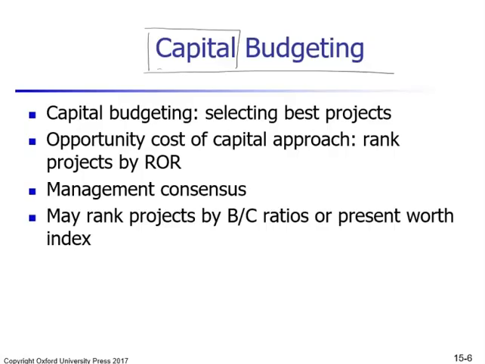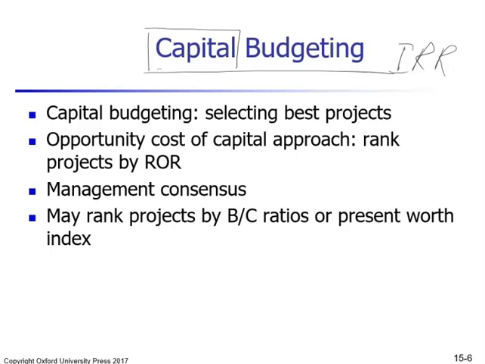And the opportunity cost of capital approach, what you are going to do, as we just talked about in the previous slide, is go with the ones with the largest internal rate of return, IRR.